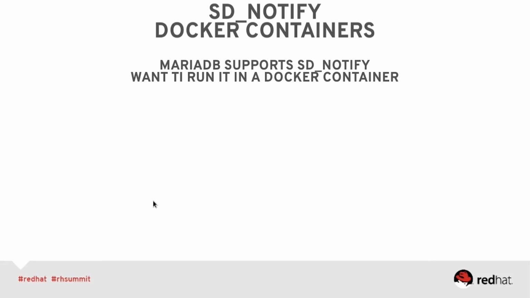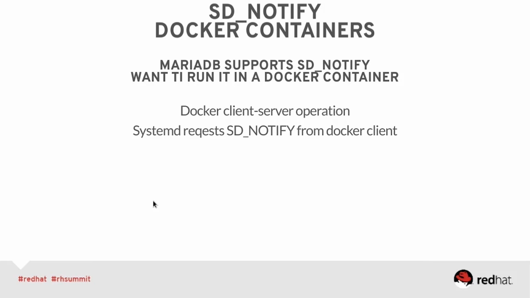So we wanted to run in a Docker container. The problem is that Docker is a client-server operation. So when you start containers right now, you actually execute the Docker client. It connects to a service, the Docker daemon, and asks the Docker daemon to start the service. So we actually went through the process of creating a patch so that systemd would request SD notify to the Docker client. Then the Docker client would send the SD notify over to the server side.